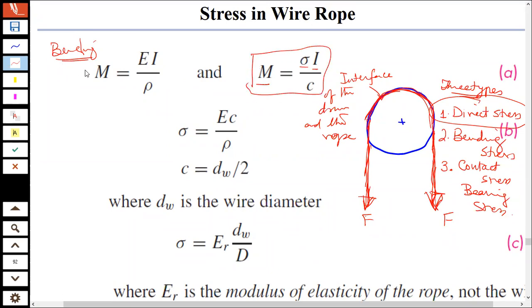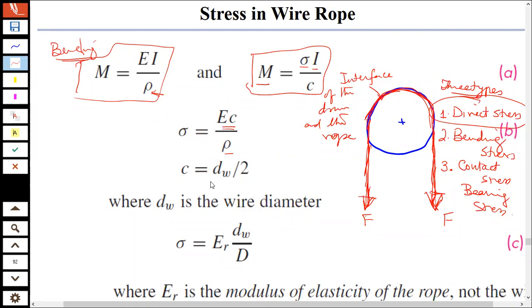And also, you know that M is equal to EI over rho. And from these two equations, sigma is equal to EC over rho.